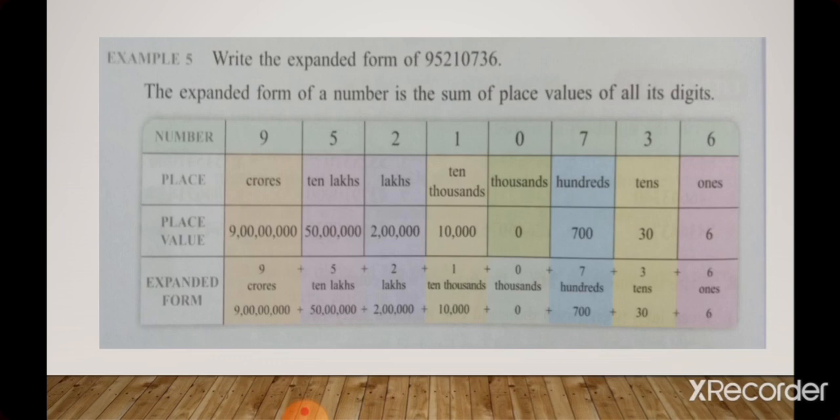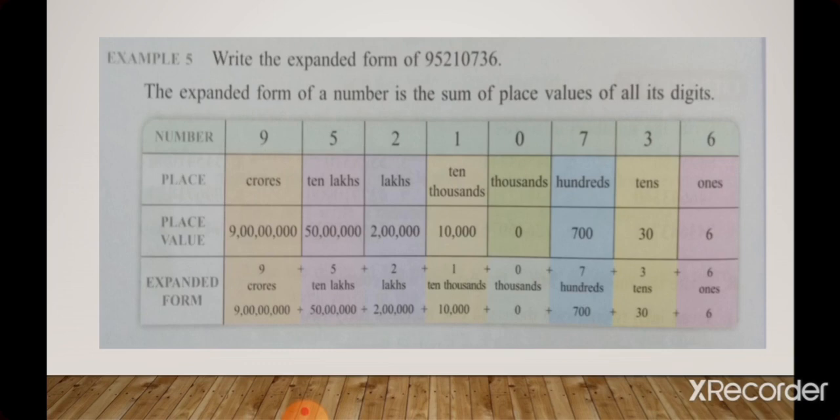So now expanded form is, after writing the place values, in between the place values numbers, you should mention the sign plus. Then it will be expanded form of the given number. So 9 crore plus 5 10 lakhs plus 2 lakhs plus 1 10,000 plus 0 thousands plus 7 hundreds plus 3 tens plus 6 ones.